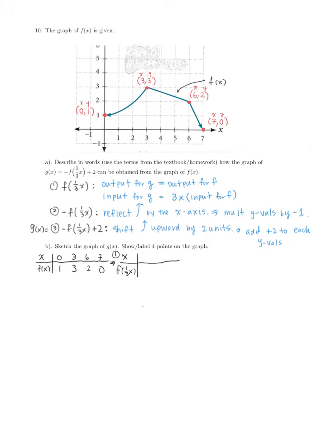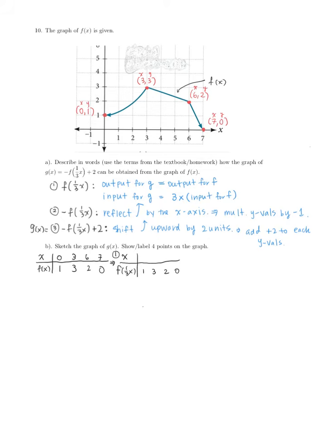So the output for g is going to be the same thing as the output for f. So outputs for f are what? 1, 3, 2, and a 0. Okay, but the input for the new function is going to be 3 times the input for f.